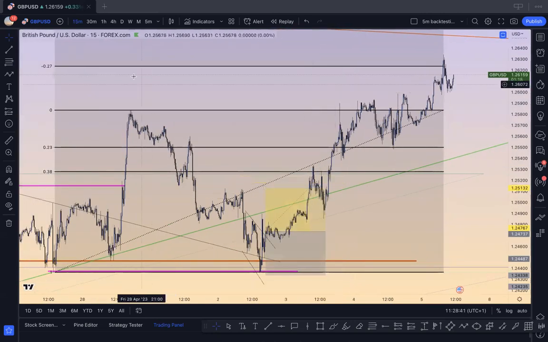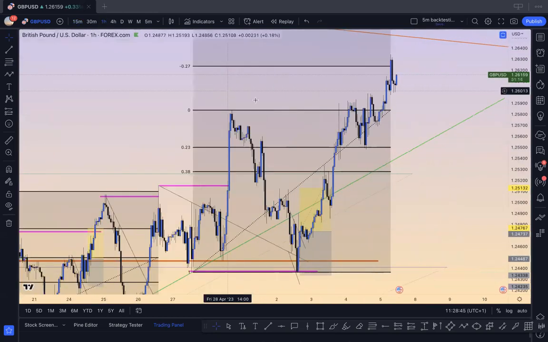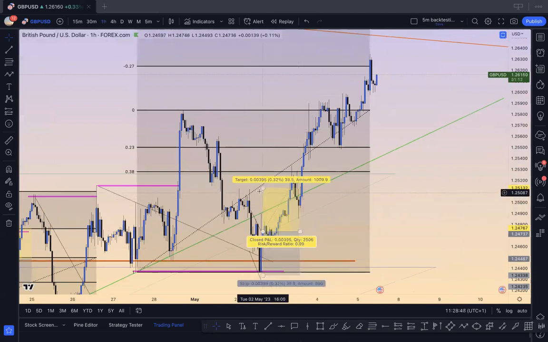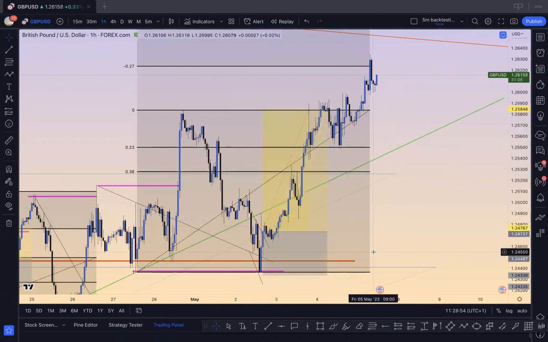And this is the thing. So for right now, this is what's going to happen. My trade was this region. We have a trend line, of course.